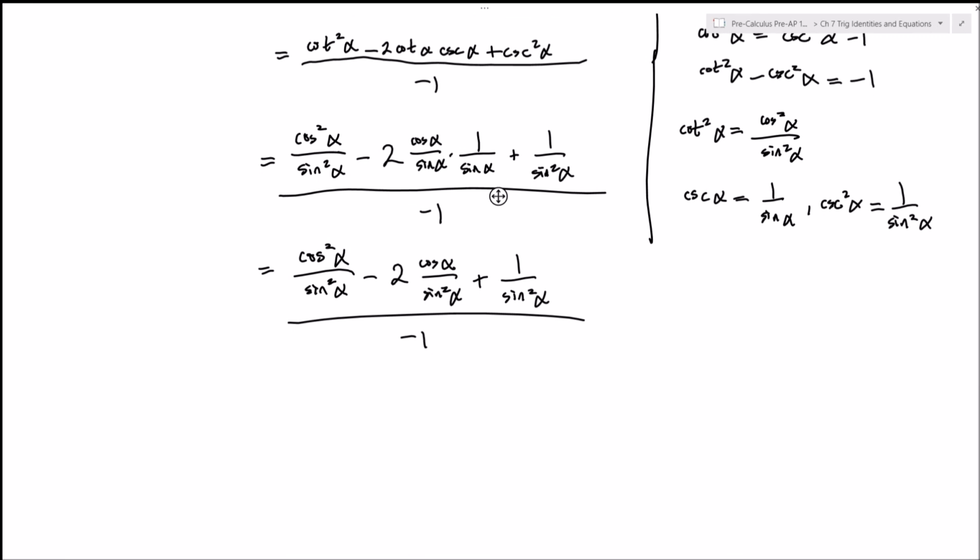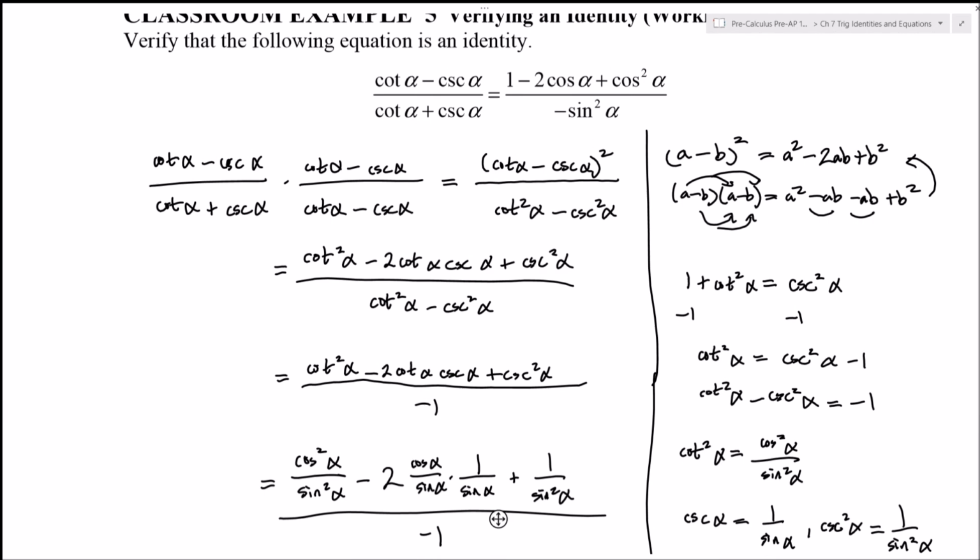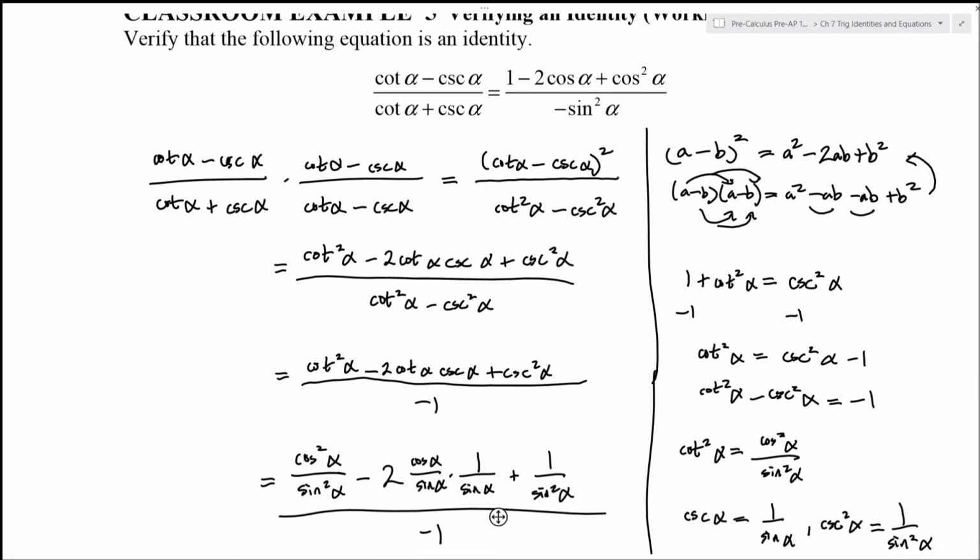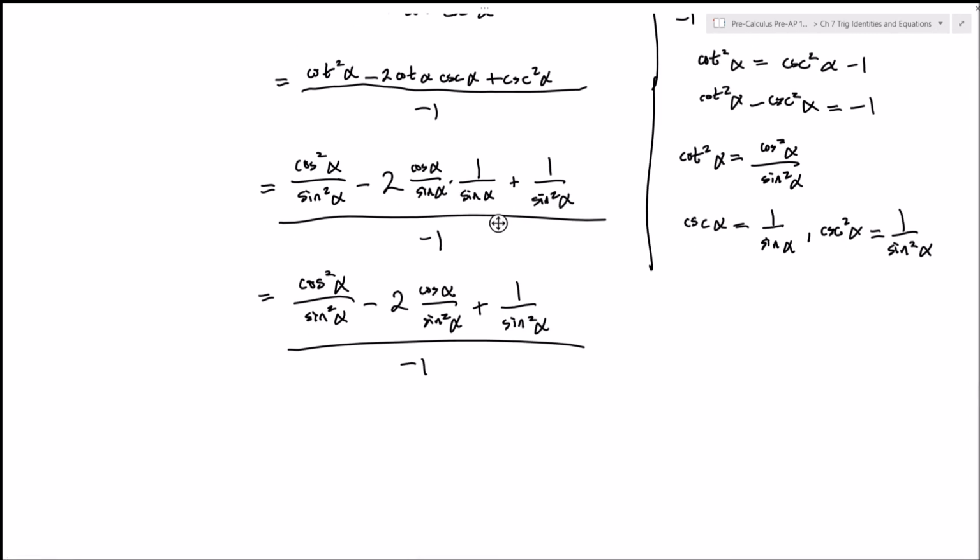The nice thing about all three of these terms, they all contain a sine squared alpha in the denominator, and that's basically the last step, is dealing with that denominator. We're almost done. So cosine squared alpha, we'd like to take all of those fractions and combine them, since they all have the same denominator.